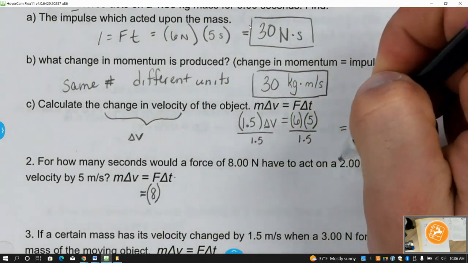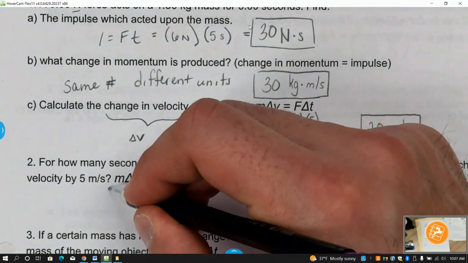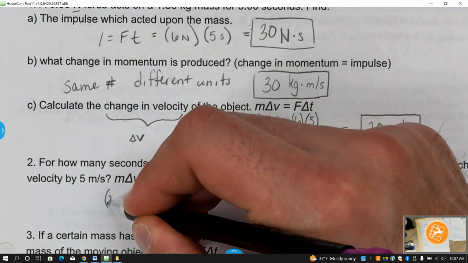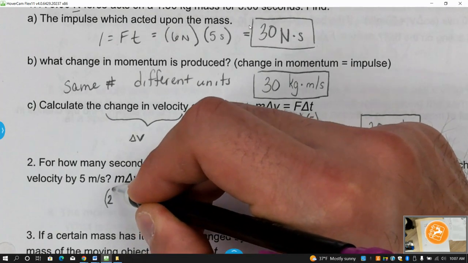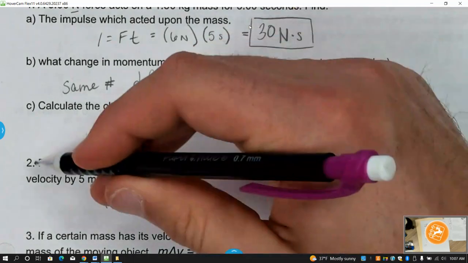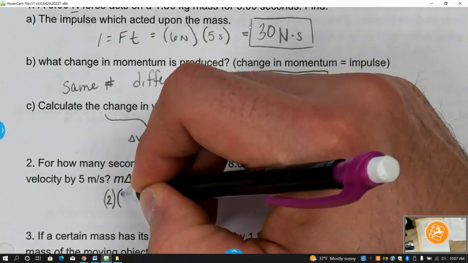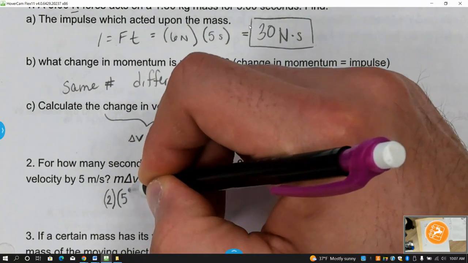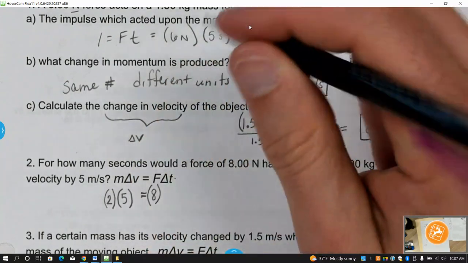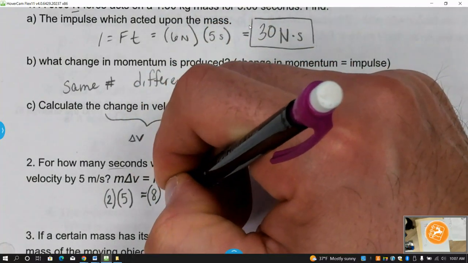What else do I have? I have 2 kilograms. kg is mass. And in order to change its velocity by 5 meters per second, so V, meters per second, is the unit for velocity. And they want to know how many seconds, so we don't know what T is.